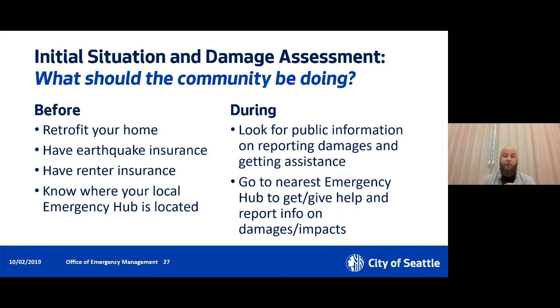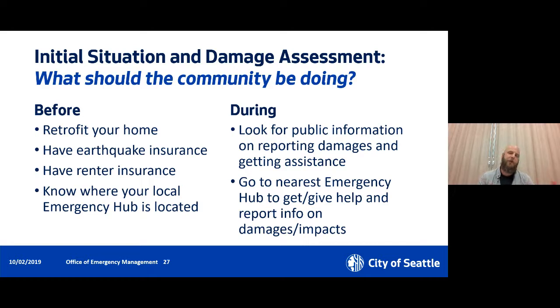The other thing is have earthquake insurance. When I talked about requesting federal assistance, we could get a presidential disaster declaration. We could get individual assistance with that, but that is very limited. If we were to get individual assistance, the maximum assistance that any individual could get is $35,000.